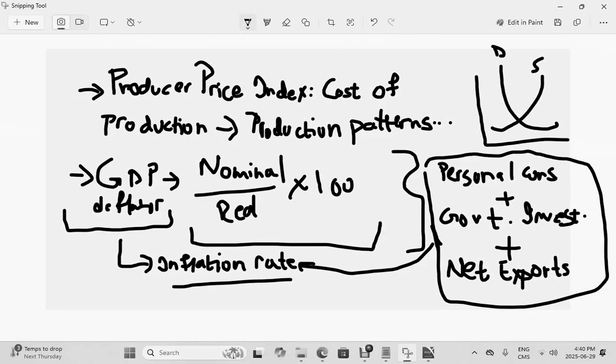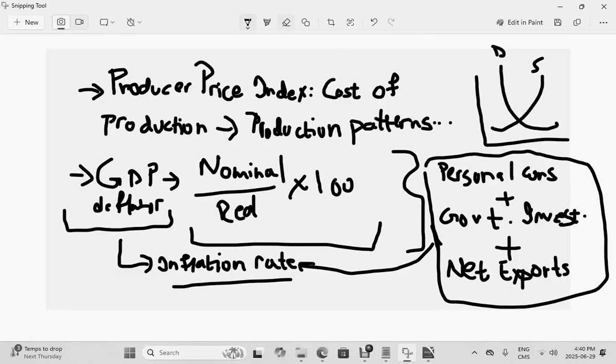When you take the real GDP for a base year and compare it with the real GDP of the current year, you can get an idea as to where the economy is headed, and as a result, a clue as to what the inflation rate is like.